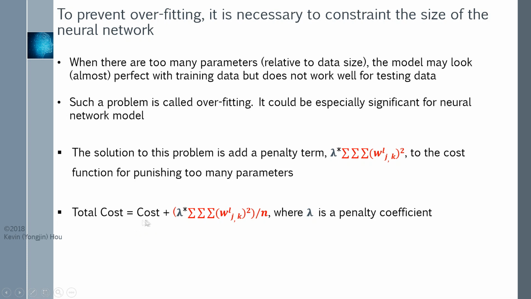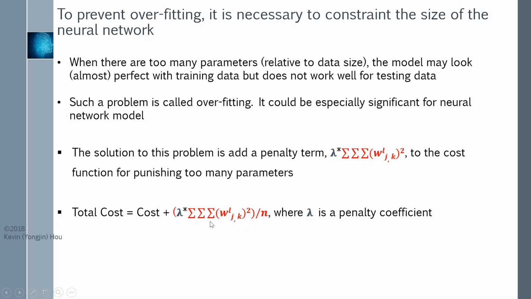Again, if this is regression, it would be some squared error type of cost function. If this is classification, it will be a cross entropy type of cost function. Anyway, we have an additional penalty here to punish having too many parameters. If you have too many parameters, this part will become very big, but this part, the pure cost, will be small. The overall cost is really a balance between the prediction cost and the penalty of having too many parameters.